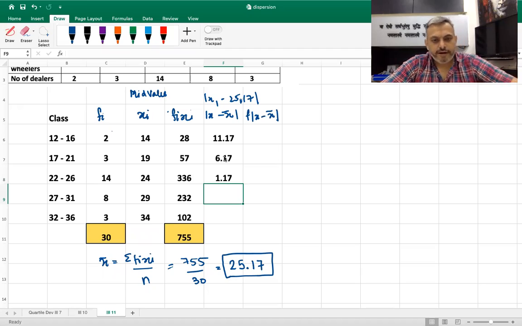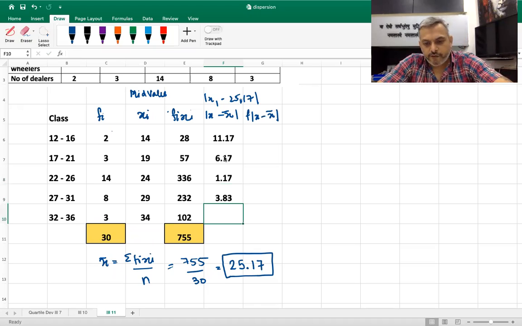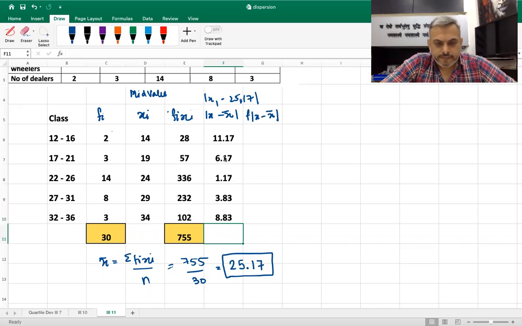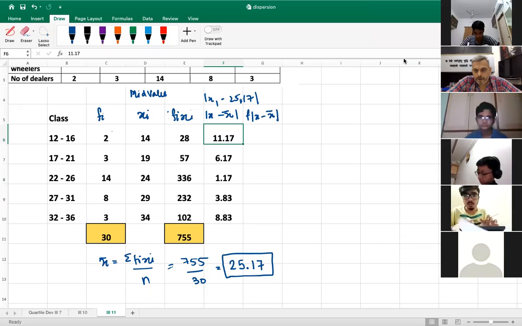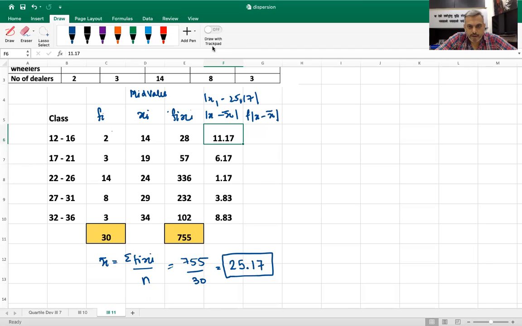Do it on the calculator, you get 3.83. And then 34, so 8.83. So this is how you get it. Got it, all of you? Any doubt?